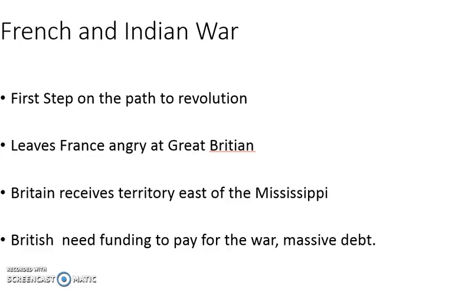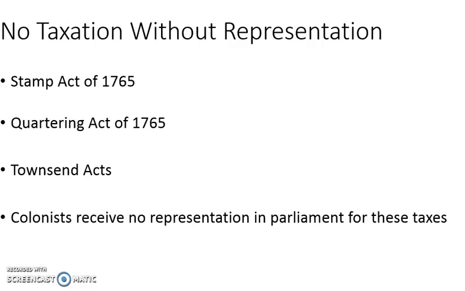Which leads us to perhaps the main cause of the American Revolution: no taxation without representation. The British felt, since the war was fought on the soil of the colonists, that the colonists should ultimately have to pay for it. So they implemented the Stamp Act of 1765, which was a tax on documents and papers.